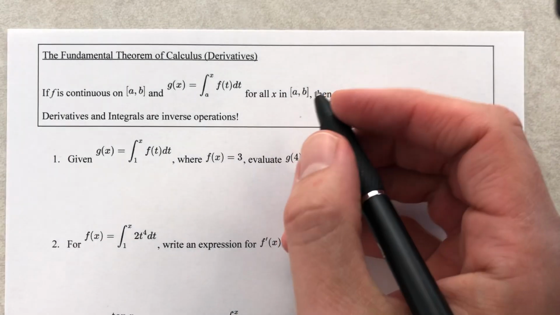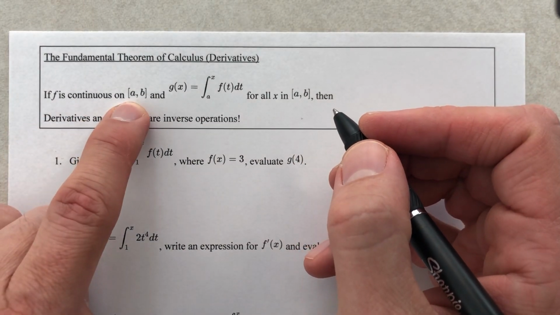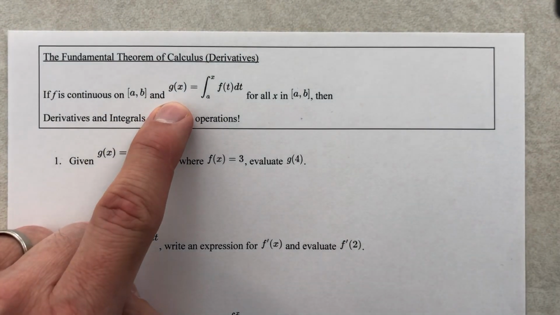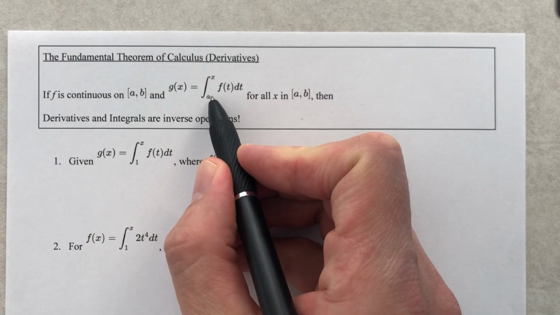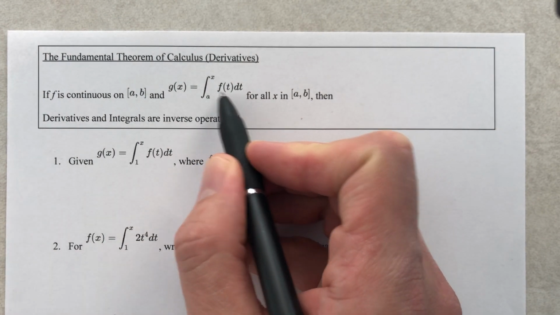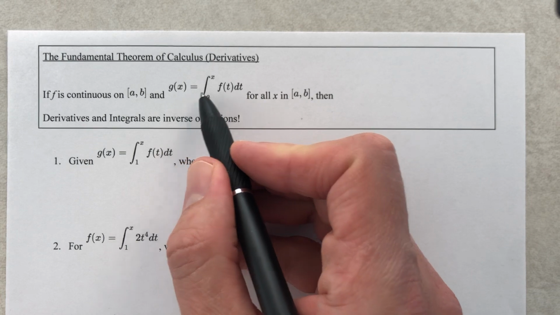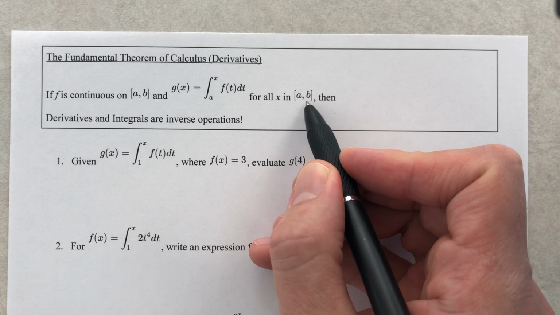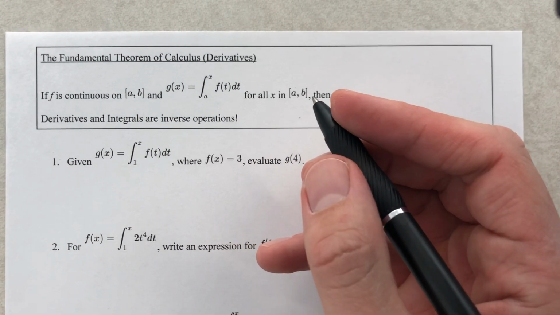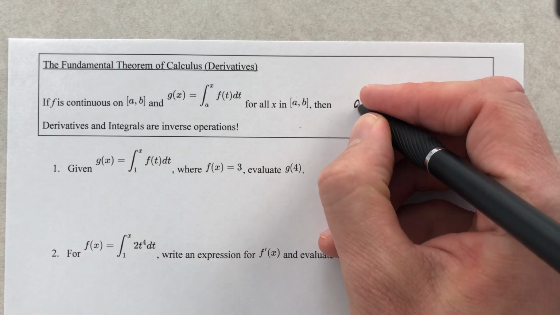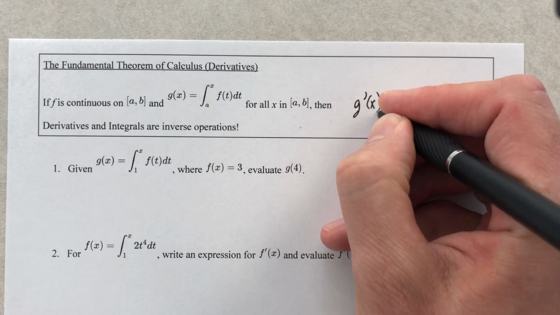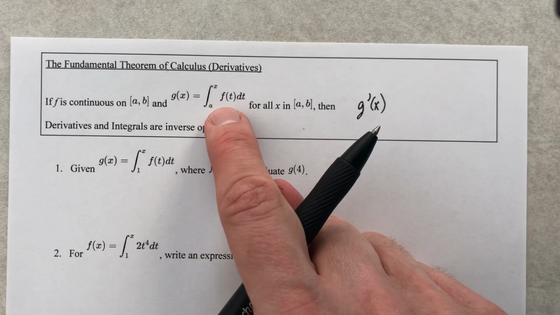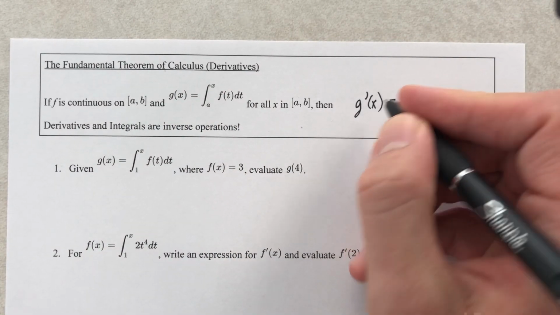Here we go. If a function is continuous, okay, we have continuity, and g is an integrally defined function. I have defined this function to be the accumulated area for all x in some interval, then if I took the derivative of this side of the equation, then I would get something on the other side.